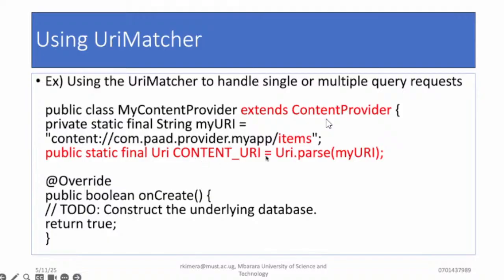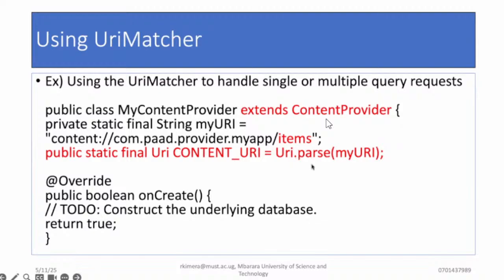And this is how we are just instantiating the URI. This URI that has been defined is called myURI. So we define the URI here. This is the main class. And then we pass what we have defined.